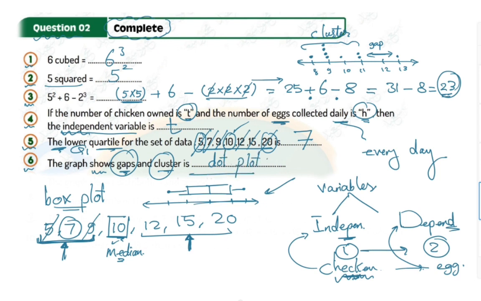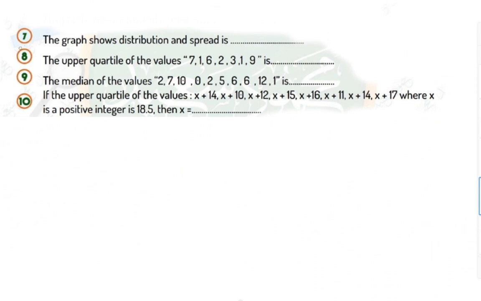And don't forget, this is called an outlier, right? Now we finish the first part of the question. Let's continue to point number 7. The graph shows distribution and spread.